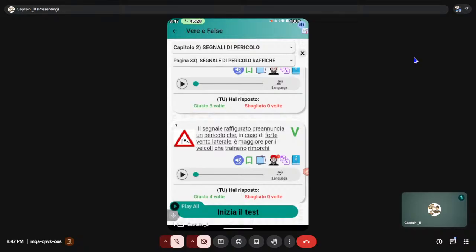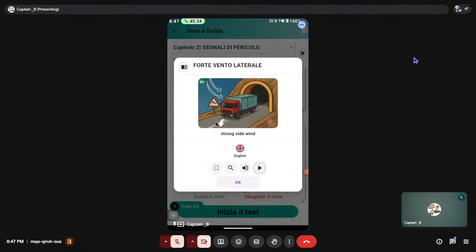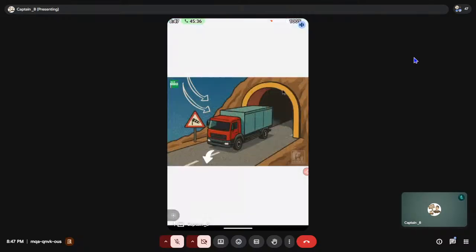Okay? Go to show the picture now. Good. Look at it. You see, it's coming out from the gallery. Next thing, see the wind is coming from this place. You see, the wind will be pushing the vehicle toward this direction.